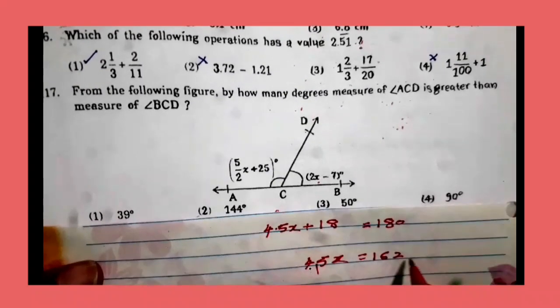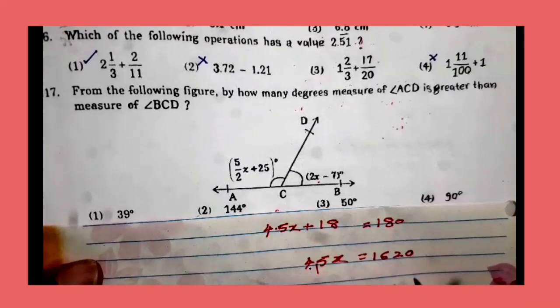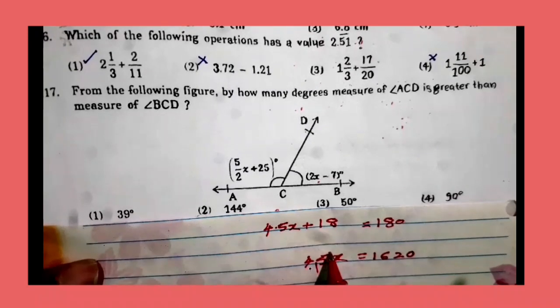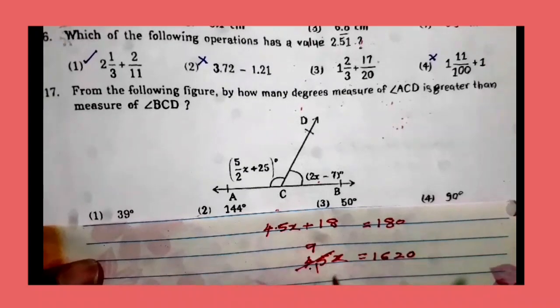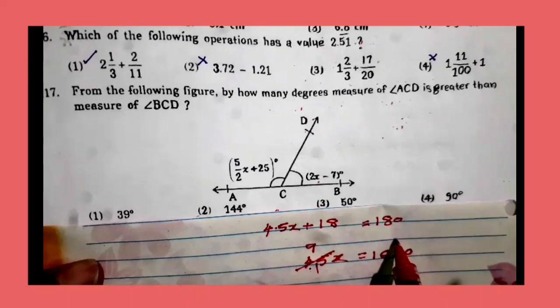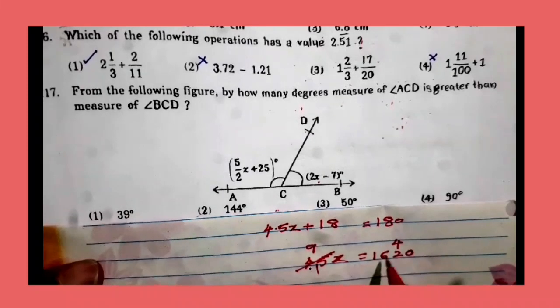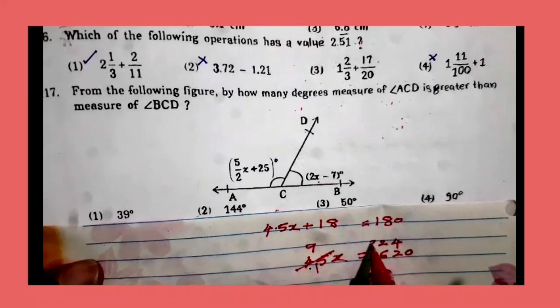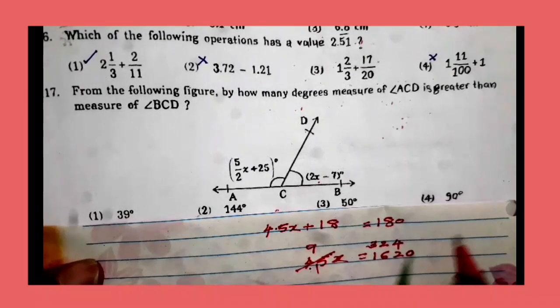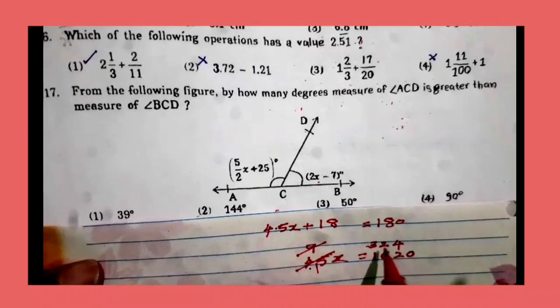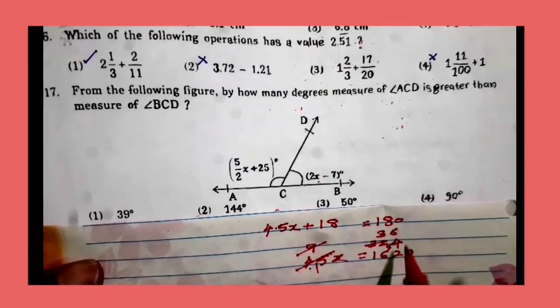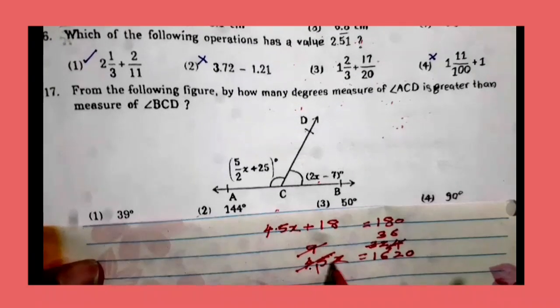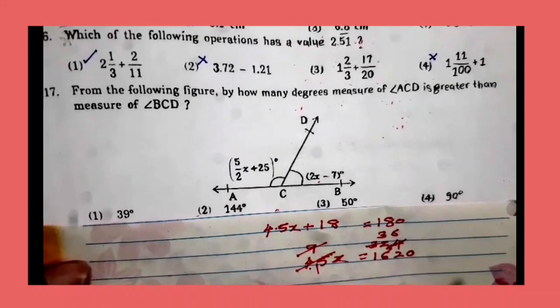Now drop this point, take 10. Now divided by 5. 5 times 9 is 45. 2 times 2 is 4, and this is 32. 16 times 2. Now divided by 9. 9 times 3 is 27. 9 times 6 is 54. x is 36.